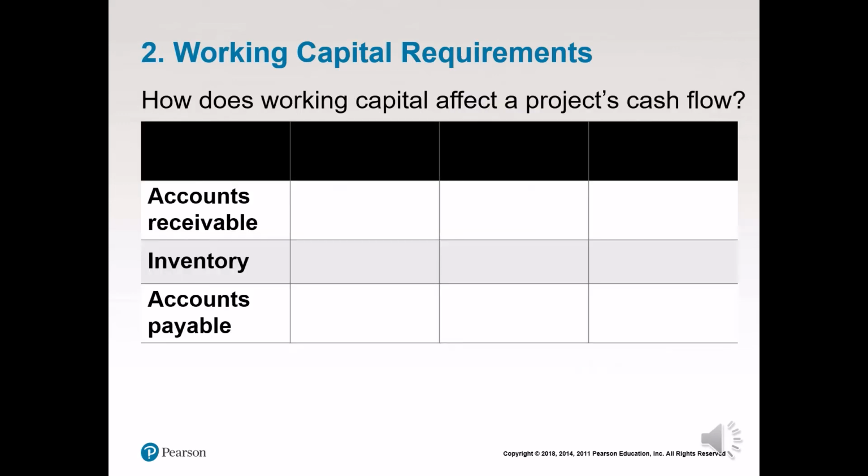Now that we're reminded what working capital is, let's talk about working capital and how it relates to a project. What we need to account for is how working capital affects the specific project's cash flow. We're not going to look at every single account that might be included in working capital. We're going to pull out the basic ones.